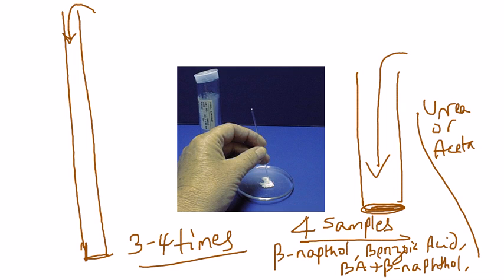It doesn't matter which one you pick, but you have to pick one or the other. The rest, beta-naphthol, benzoic acid, and the mixture, everybody has to run.